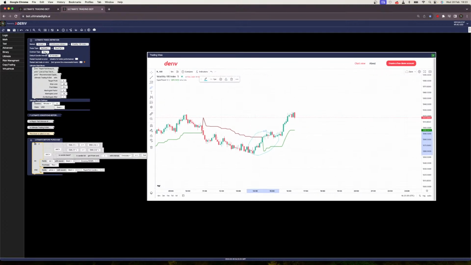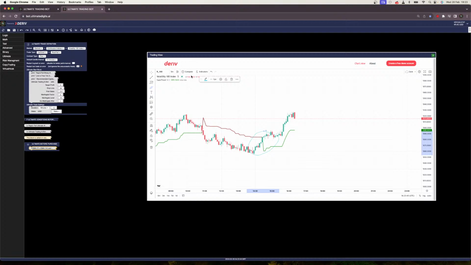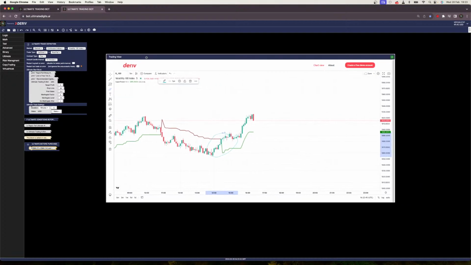Now for the rise, it will be like that. Use the default settings of the binary bot if you don't know what you are changing. It has already been set up, but you can also backtest other settings. The bot has some editable settings.